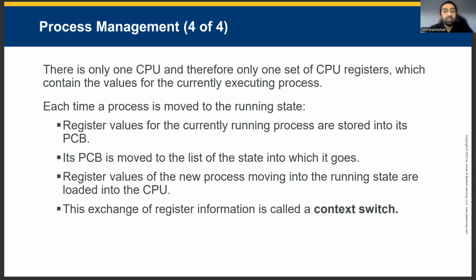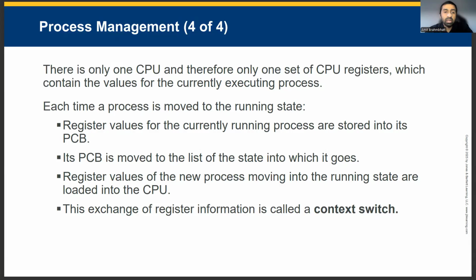Here we understand context switching. Because the CPU can only run one process at a time, the OS must save the current process's register values into the PCB before switching. Then it loads the next process's values from its PCB into the CPU.